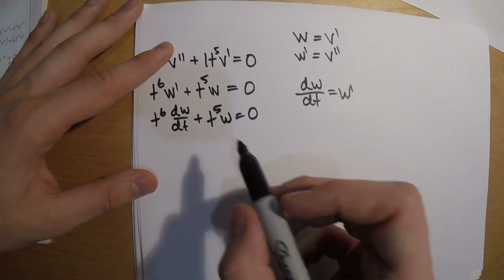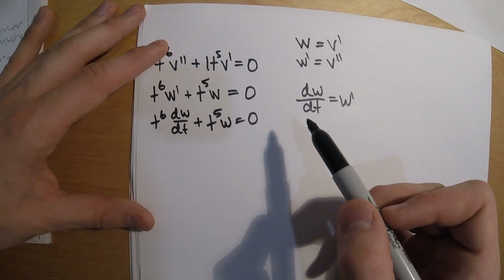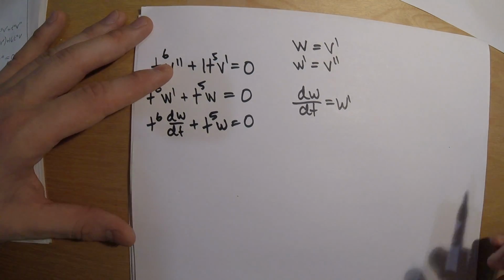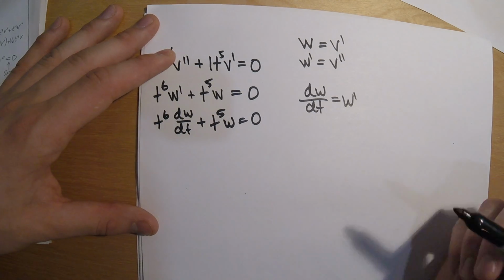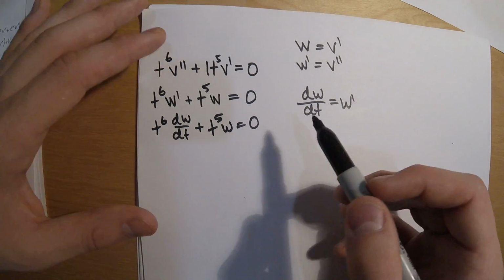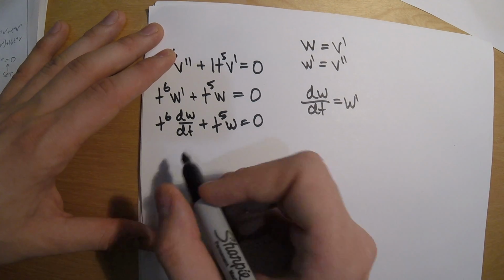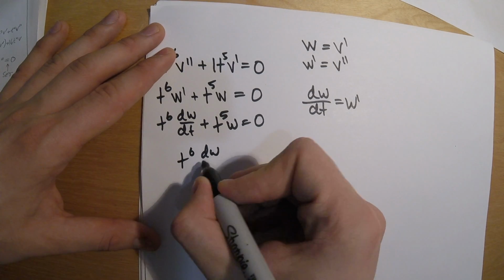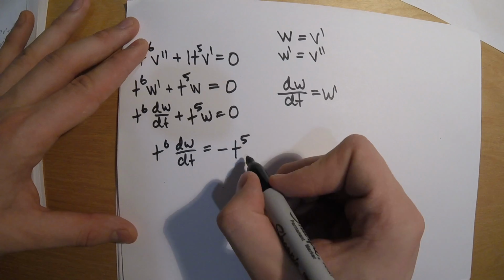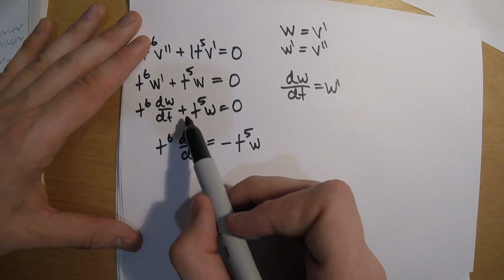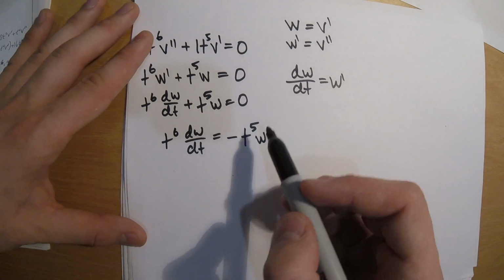Okay, so then I'm going to solve this using the separable method. So I'm going to separate them and then integrate based on what variable it is. So first of all, I'm going to move this here. So we're going to have t to the 6th dw dt equals negative t to the 5th w. So I move this here, so the 0 goes away.